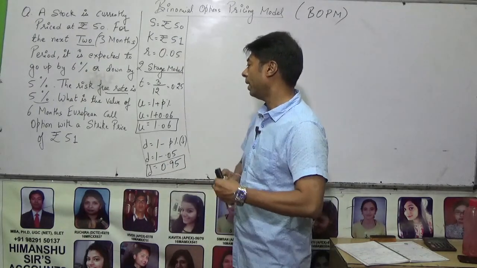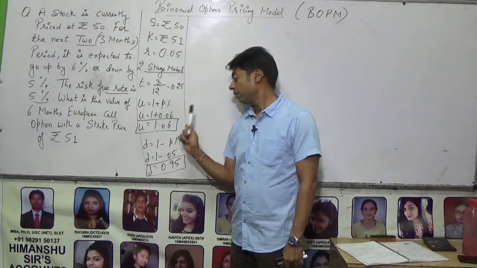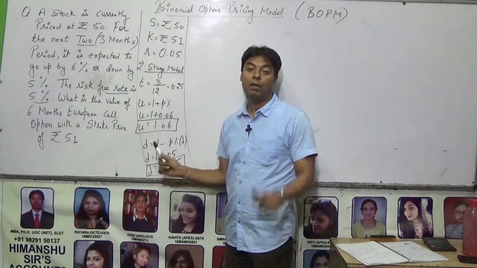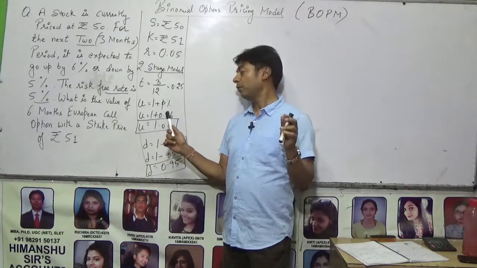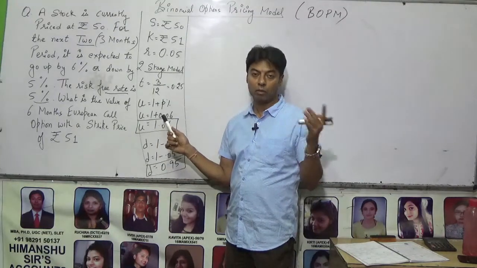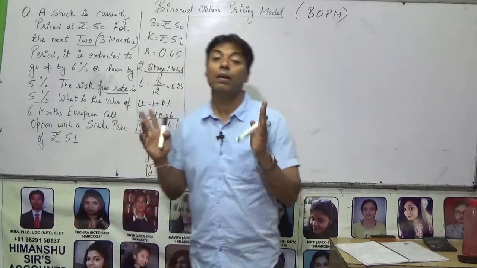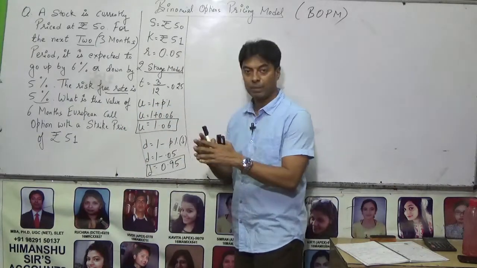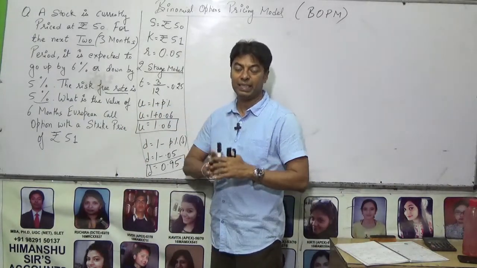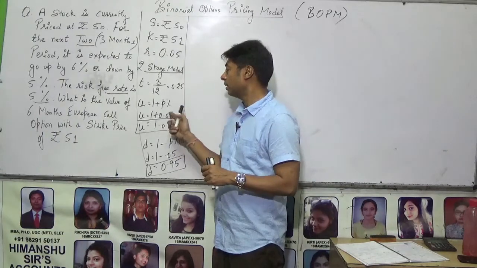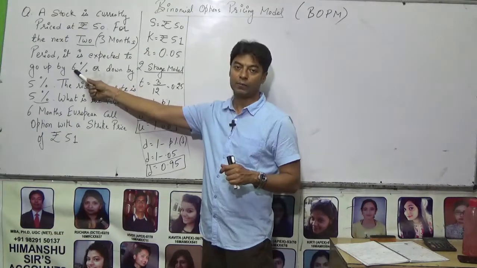So we have to find out the value of U and the value of D. What are the full forms of U and D? U is the upswing constant. To calculate the upswing constant, we add the percentage increase in the stock, which is given in this question as 6%.